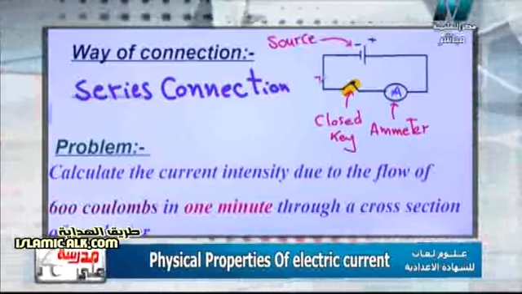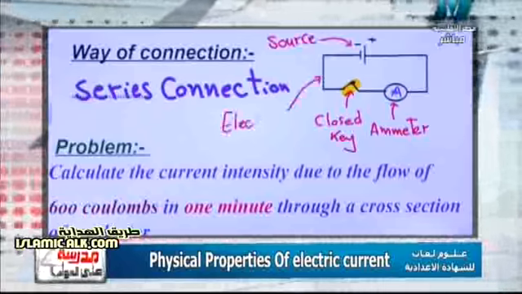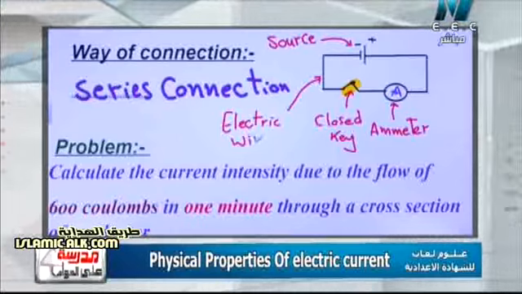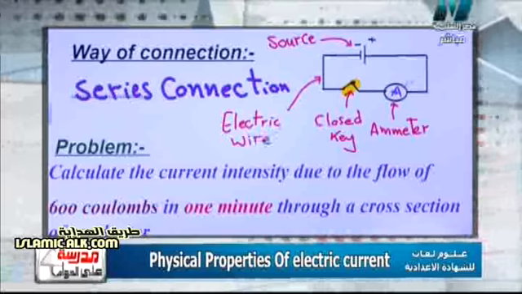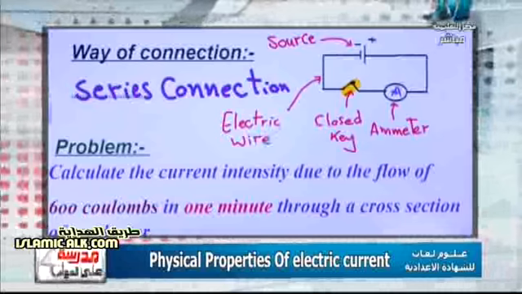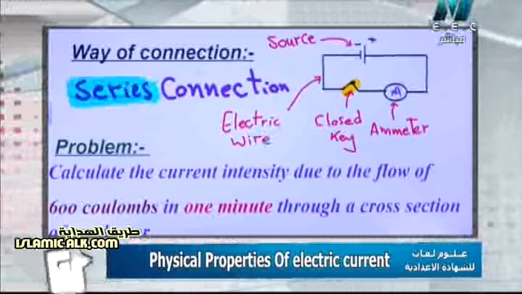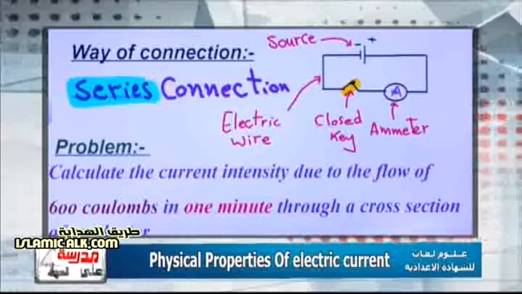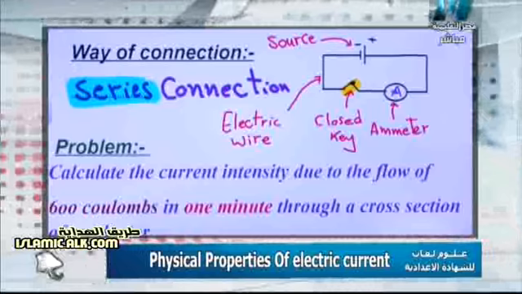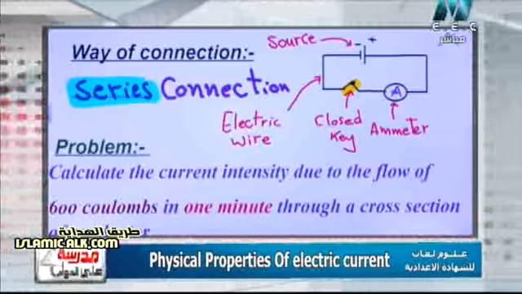Here we have electric wire. And this way is called what connection? It is called, as you see, series connection, which we call in Arabic connection in series, as a part of the electric circuit, to let the electric current pass through the ammeter, so we make it pass through it, to measure the electric current intensity.